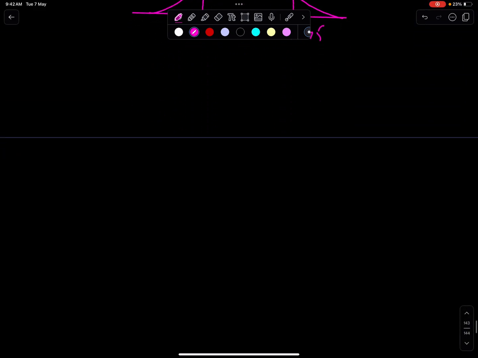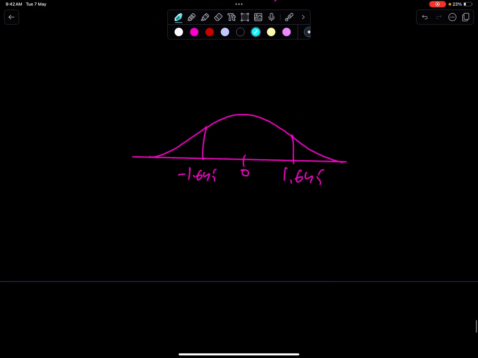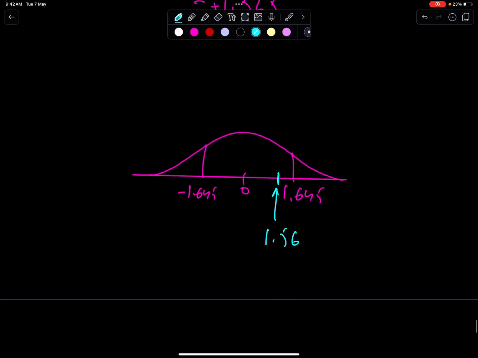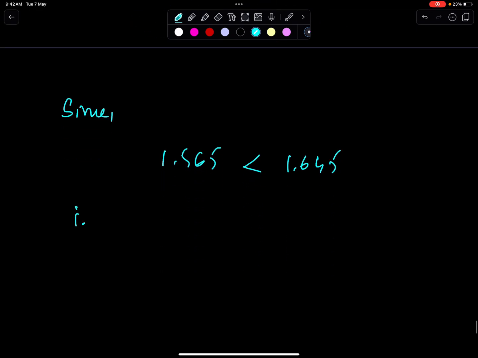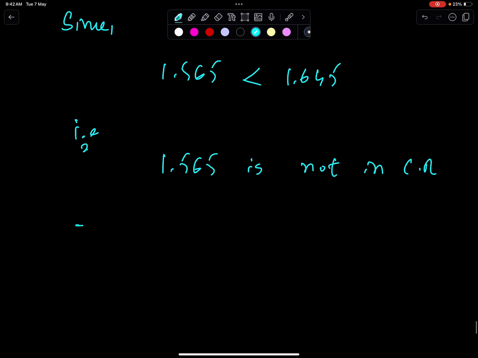See, 1.645, our test value, is not in the critical region. It's maybe here, before the critical region. So you need to mention here, since 1.565 is less than 1.645, that is, 1.565 is not in the NCR. Therefore, accept H0.